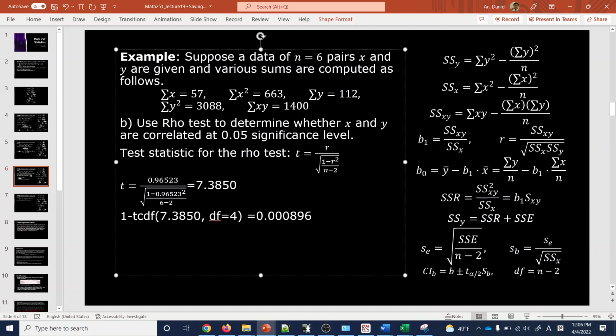With the degrees of freedom here, why are you subtracting 2? So the question was, why do you subtract 2 for the degrees of freedom here? You have to do it because linear regression has two constants, B0 and B1. So when that's fixed, you lose 2 degrees of freedom.